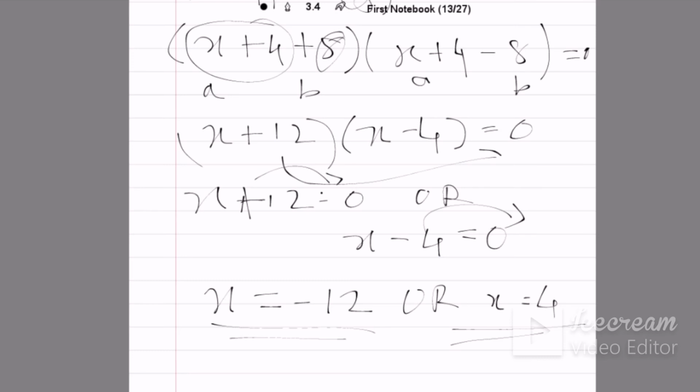I know it is a little confusing, but remember one thing: don't try to split the end number. You have to convert the given equation into a complete square. Check the coefficient of x, which in this case was 8x. We split it into 2 into x into 4, and we got the value of a.